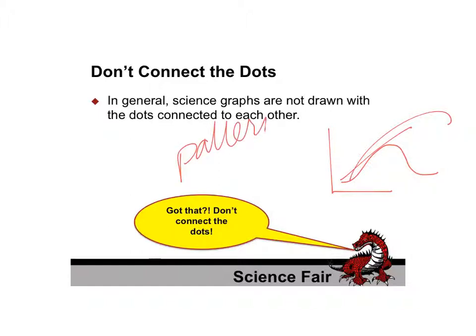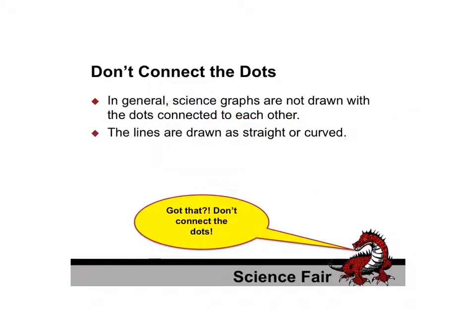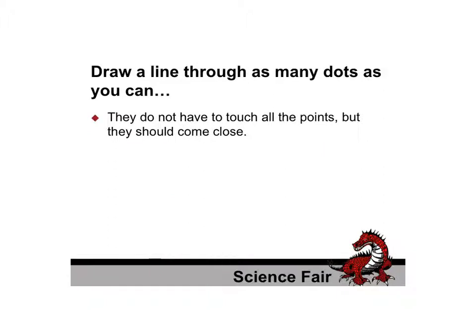And that's the key to all this, as we're looking for patterns. And so when we connect our dots, it's less likely that we are going to see that overall pattern, all right, especially when things get more complicated. Okay, so lines are drawn as straight or curved. We don't usually try to connect our dots. Sometimes you can. So when you do that, you also draw a line through as many dots as you can. Now, when you do the scatter plot, these are called trend lines.